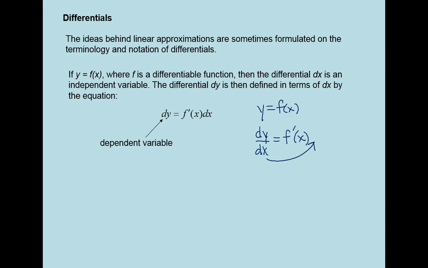We're not algebraically just manipulating it that way. When it's written in this manner, this is called the differential. We're going to explore this a little bit, but this is just going to be the slope of a line, and this is going to be small incremental changes in the value of x.